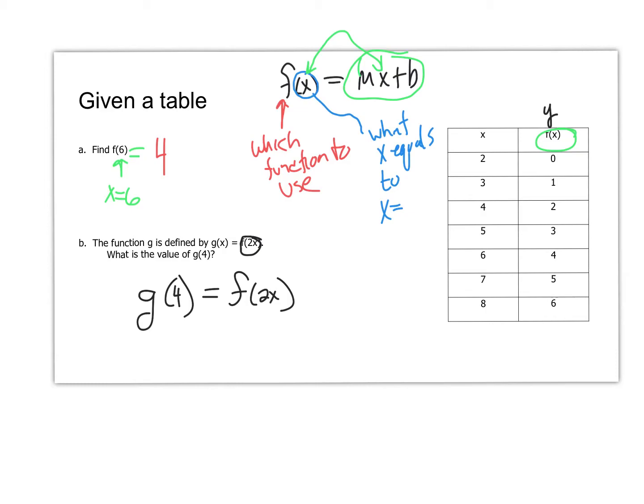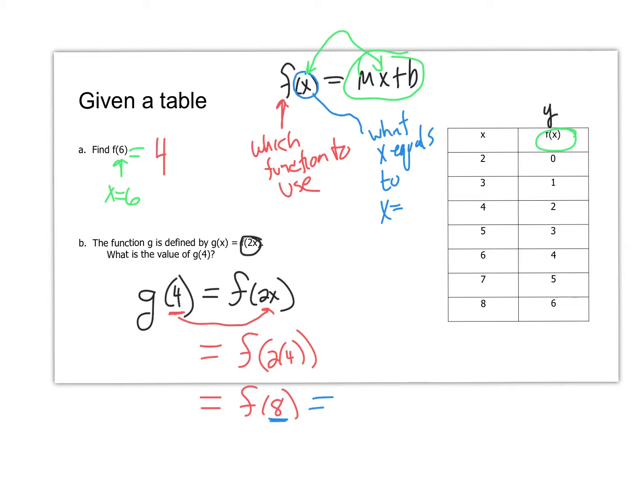Again, remember that whatever I put in the parentheses is whatever the x is going to be over here. So this really translates into f of 2 times 4, or really f of 8. So now we need f of 8. This says, when x is 8, find the value of y.